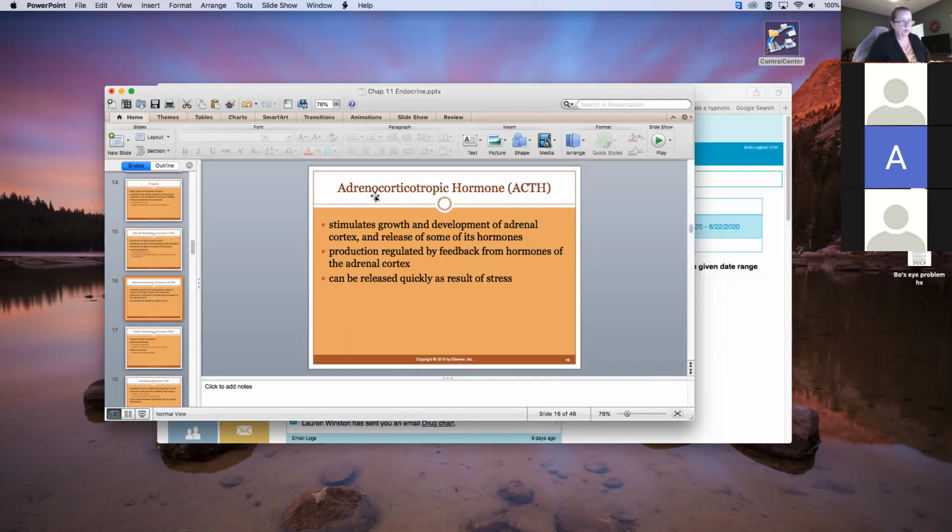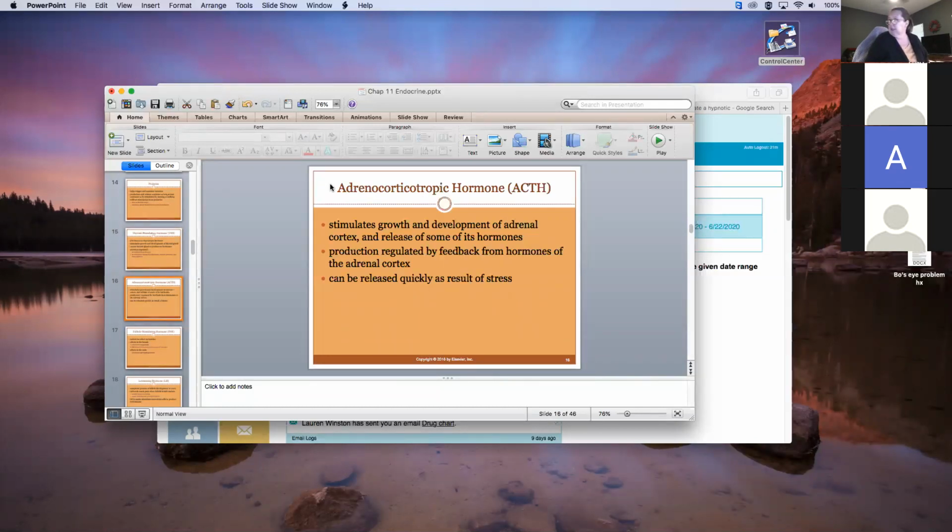Adreno, adrenal cortex, trope, growth hormone. This hormone, adrenocorticotropic, or ACTH, basically stimulates the growth of the cortex and releases some of its hormones.